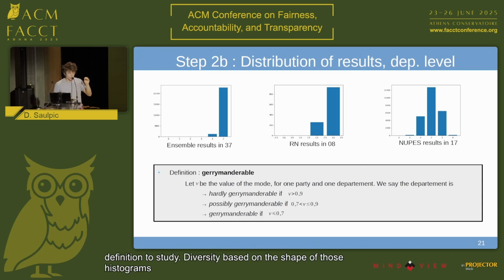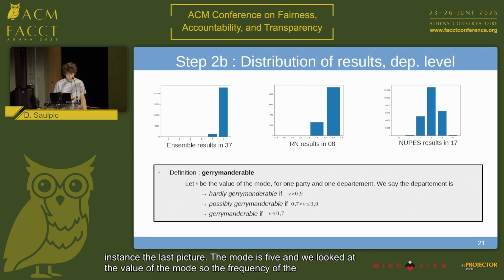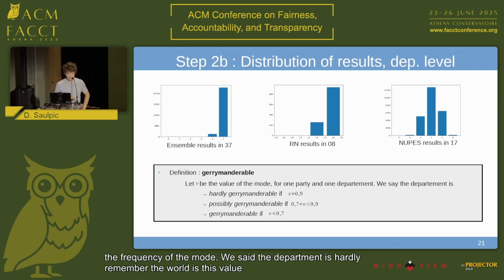We consider the mode of the histogram in a given party and department pair. For instance, in the left picture, the mode is 5. When we looked at the frequency of the mode, we said the department is hardly gerrymanderable if this value is more than 0.9.